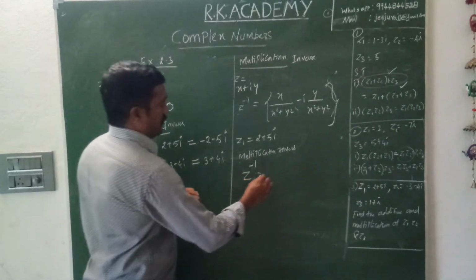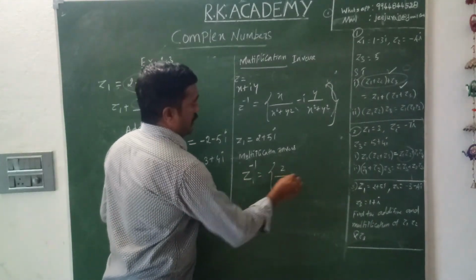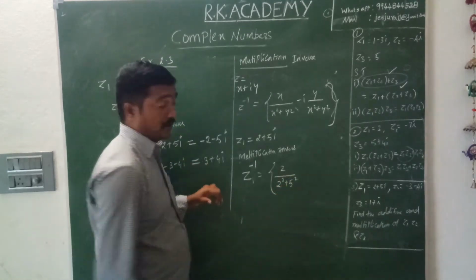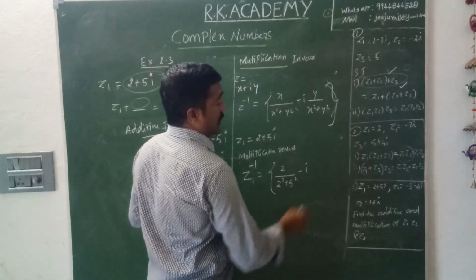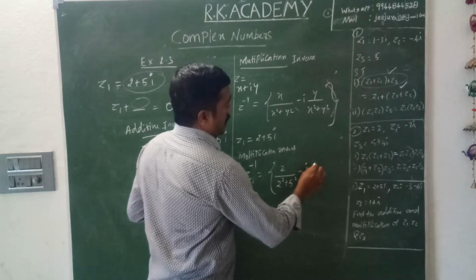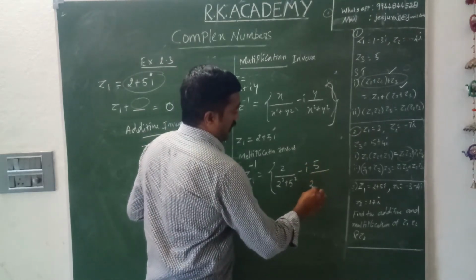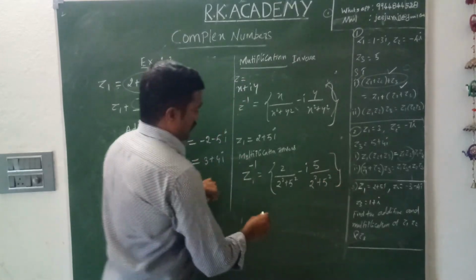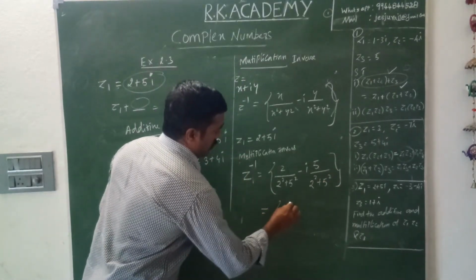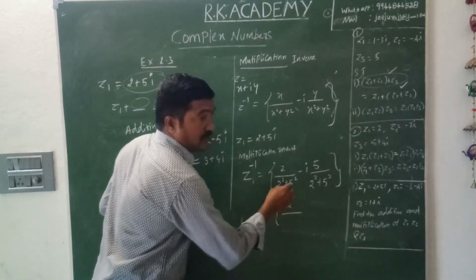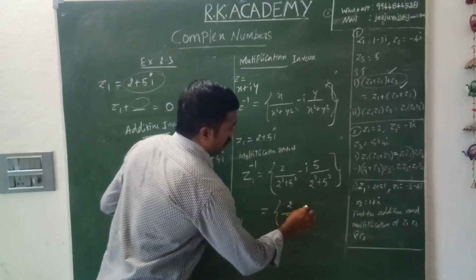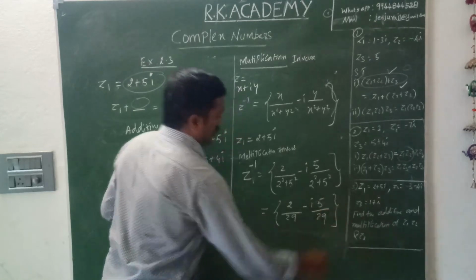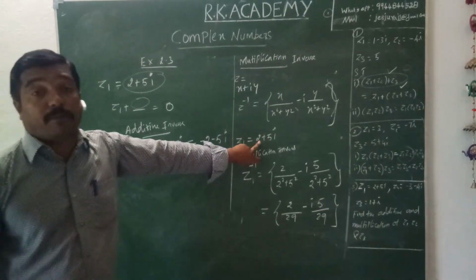How to write? Real part by sum of the squares of the real and imaginary parts, minus i into imaginary part by sum of the squares of the real and imaginary parts. Okay, 2 by 4 plus 25 is 29, minus i into 5 by 29. So it's the inverse of this complex number.